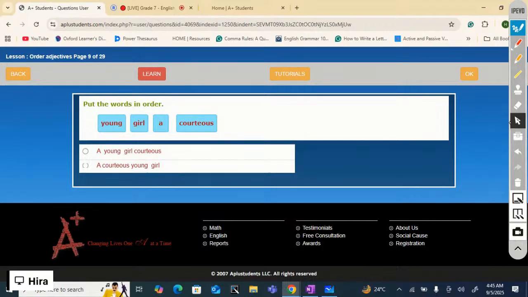Yes, very good. It's option two, a courteous young girl. Because again, courteous is opinion, young is age. So opinion comes before age.